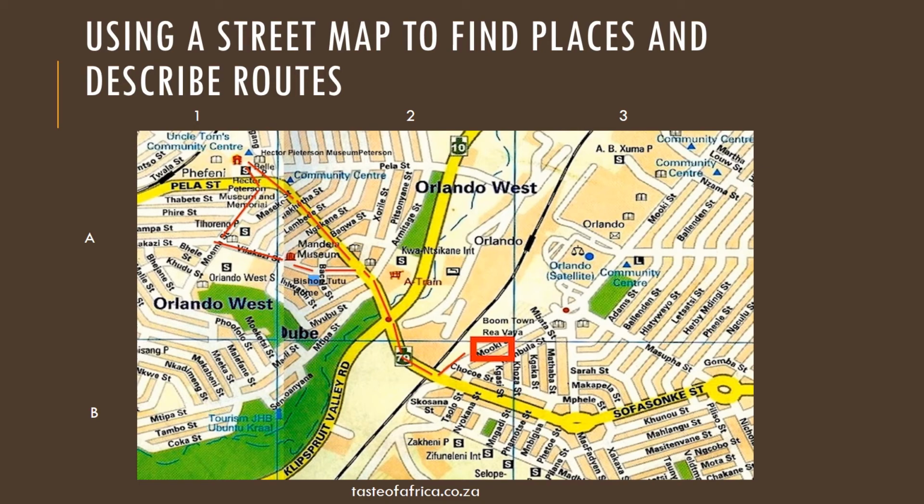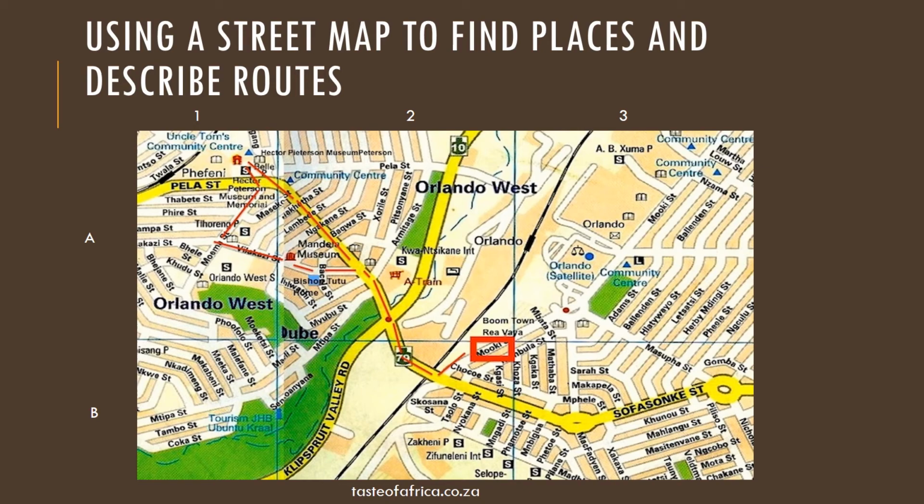On block A2, we can find a community center along with Mandela Museum, with Mvumbu Street, Armitage Street, Rile Street, Bakwa Street, Lembede Street, Ngakane Street, and also a train.